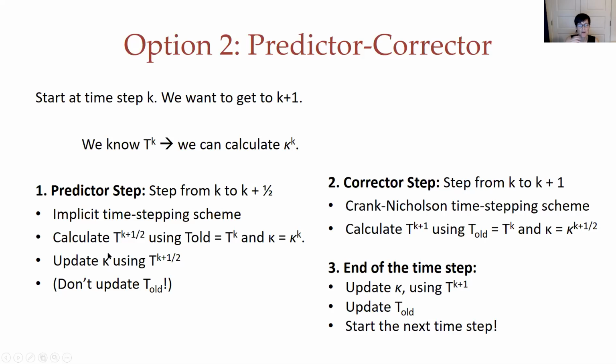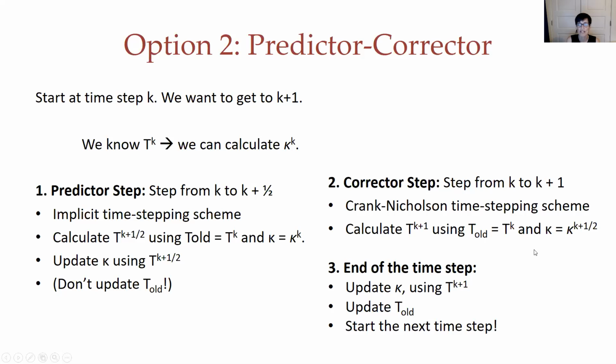All right, now, don't update T old at this step. We want T old to still be the temperature at the previous time step. Okay, so update the thermal conductivity, but don't update the temperature. Right, the corrector step is you step all the way from time step k to time step k+1 using your Crank-Nicolson time stepping scheme and your new thermal conductivities.